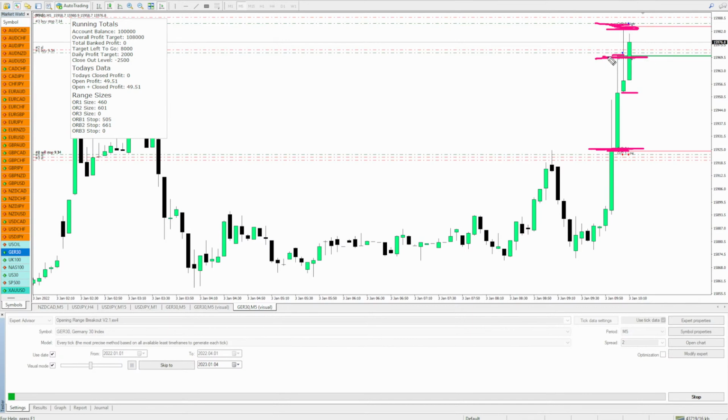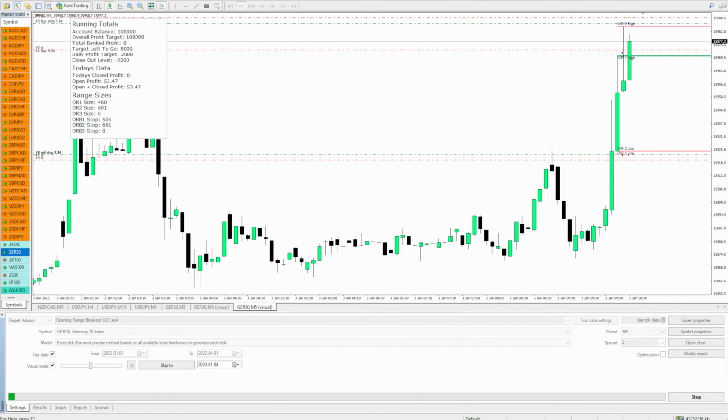As you can see over here, it displays opening range 1 is 460. Opening range 2 is 601. Our stop losses are 505 and 661. So this is 110% of 460. And as you can see on that pending order here, it's placed its stop down here, just outside of the opening range.